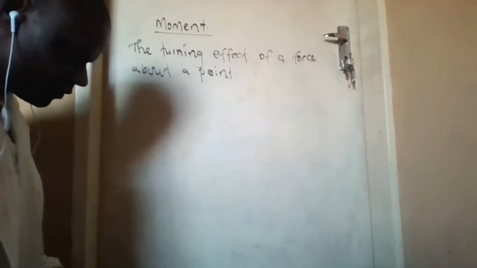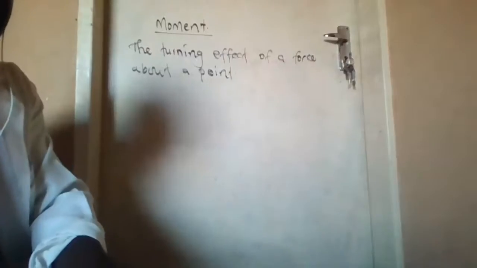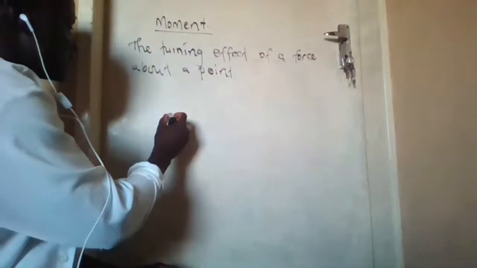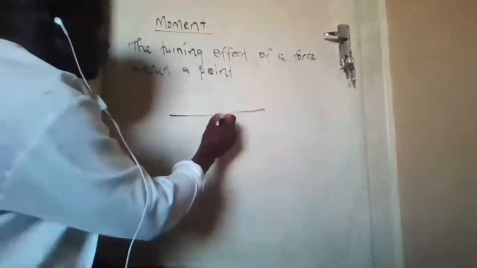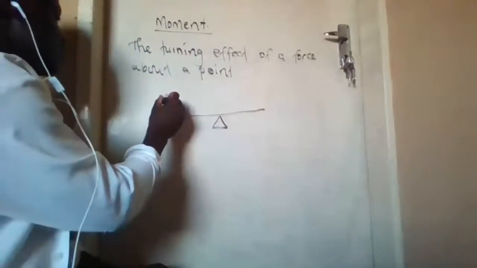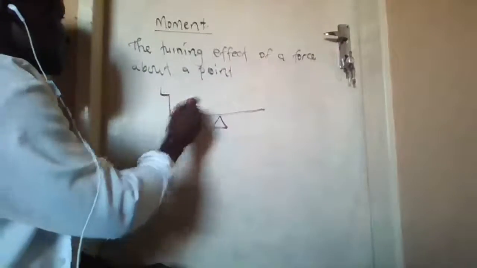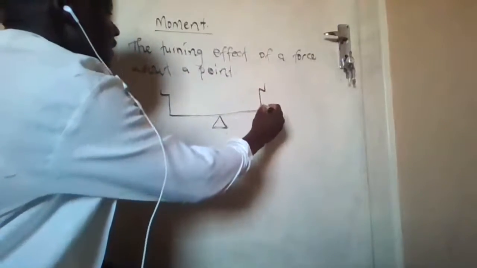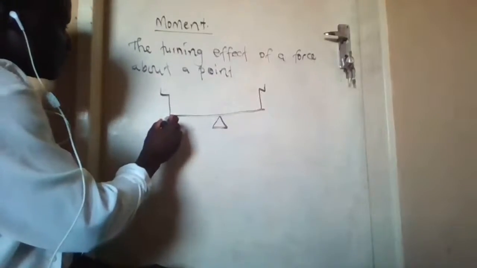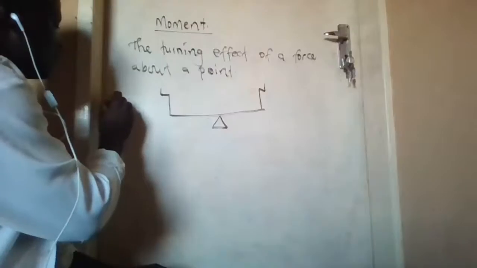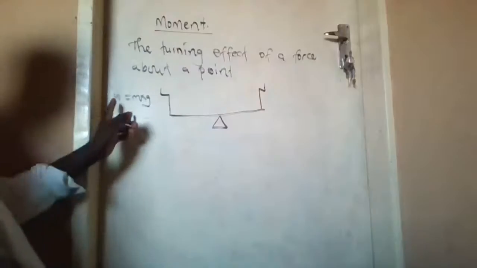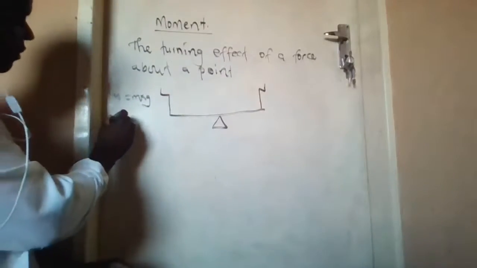That's a very simple definition, but if you consider an object such as a seesaw, which will be supported here, then you're going to have two people, one sitting here, the other sitting there. This person has got mass, and mass times gravity gives us the weight, which is an example of a force.